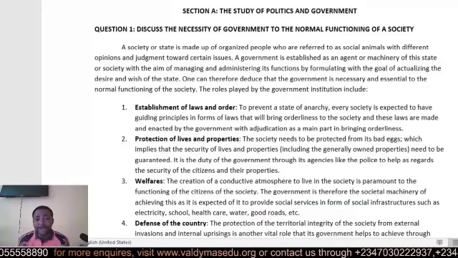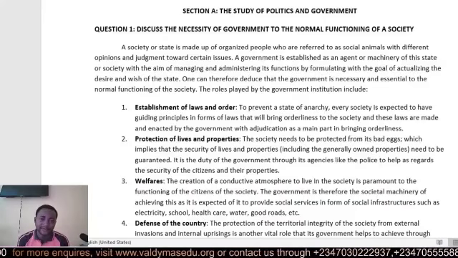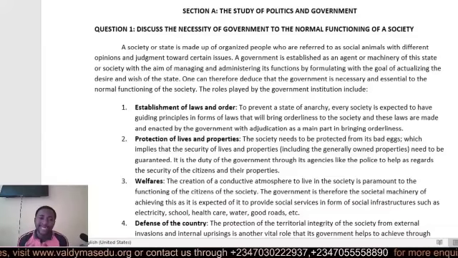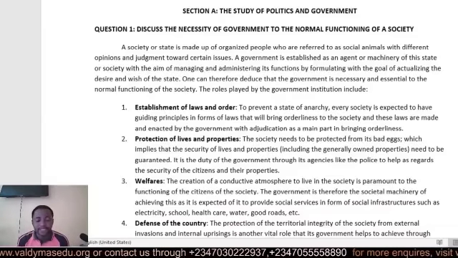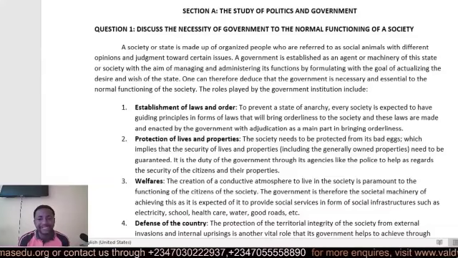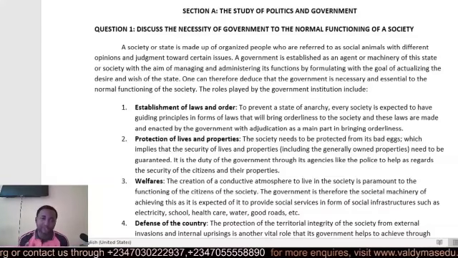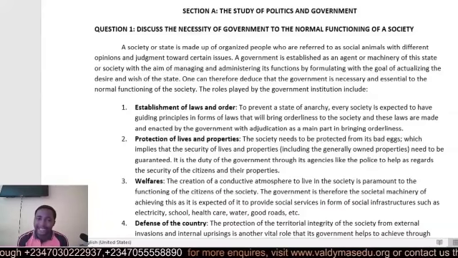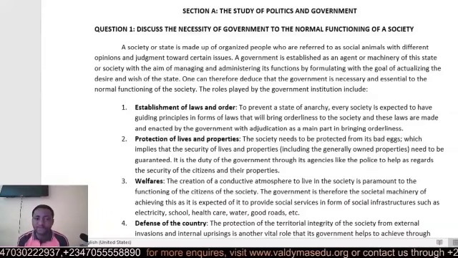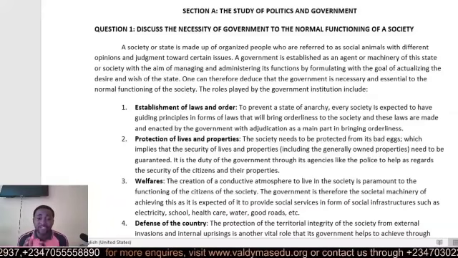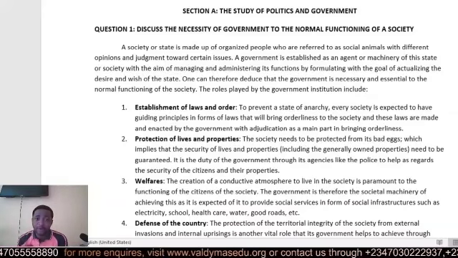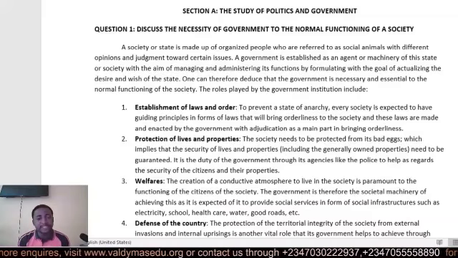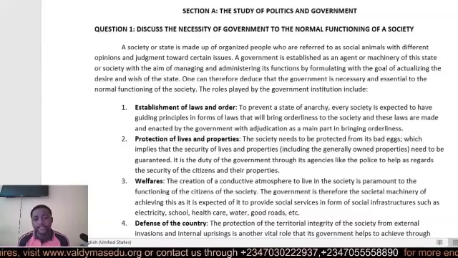Being an organized entity, the way we organize ourselves is by establishing a system of management, a system of administration. That system of administration, charged with the responsibility of controlling the affairs of the state, is what we know as government.